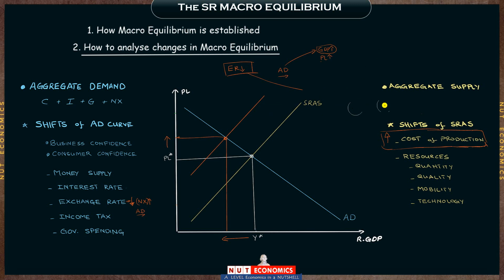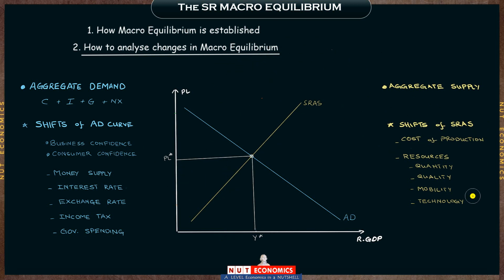Now there can be other instances where both AD and AS may change at the same time, and one common reason why that happens is when the government starts spending in order to try and increase the quantity or quality of its country's resources.